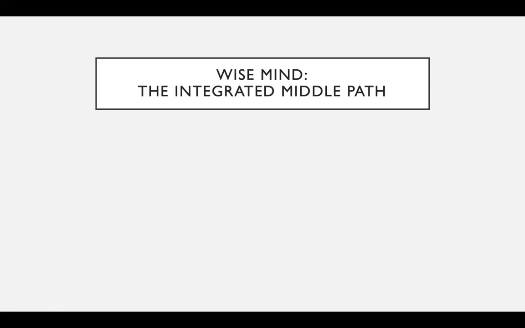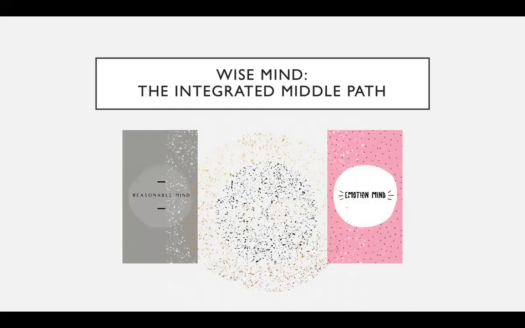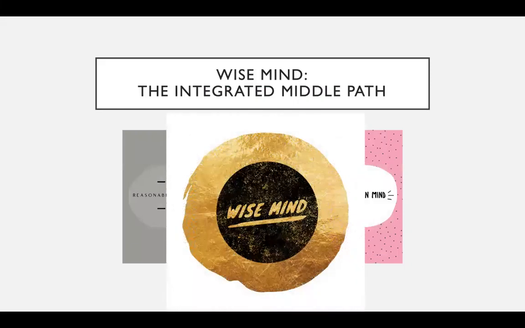Now we arrive at wise mind, which is considered an integration of both reasonable mind and emotion mind, such that it's not as if it's a completely separate thing. Just like our first worksheet showed us, it's more of a Venn diagram where each of us has each of these elements of our brain, of the places that we go to, of ourselves, and that wise mind leverages the best pieces of both emotion mind and reasonable mind.